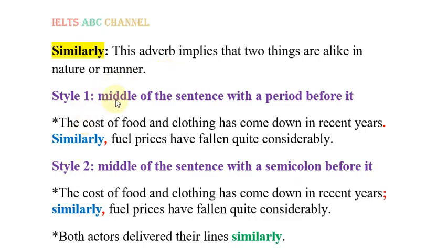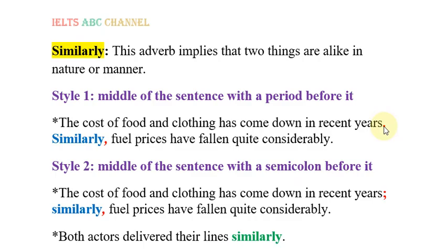You can use it in the middle of the sentence with a period before it. Here is an example. The cost of food and clothing has come down in recent years. Similarly, fuel prices have fallen quite considerably.